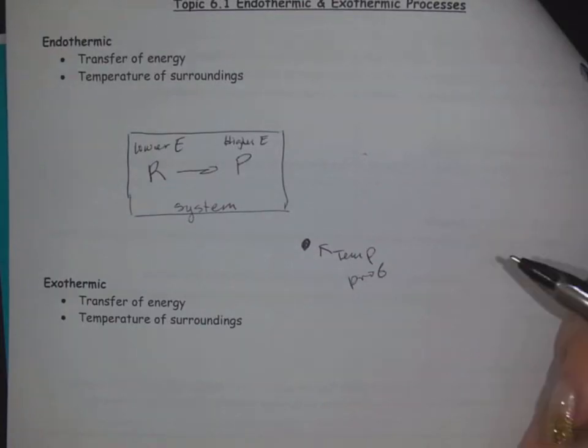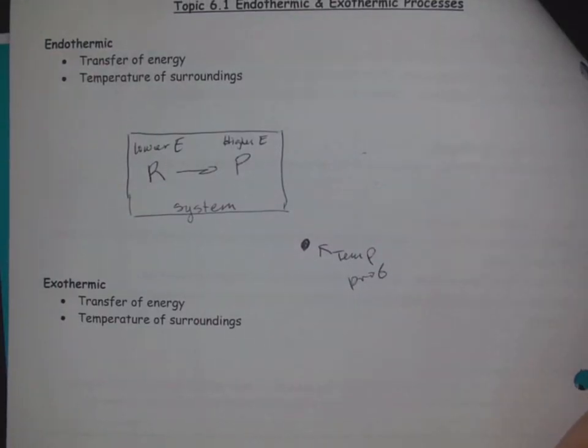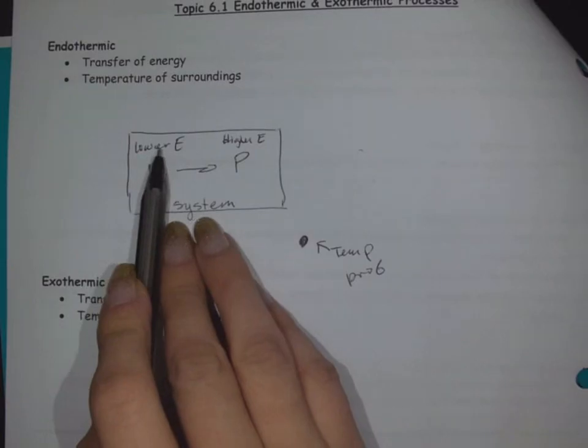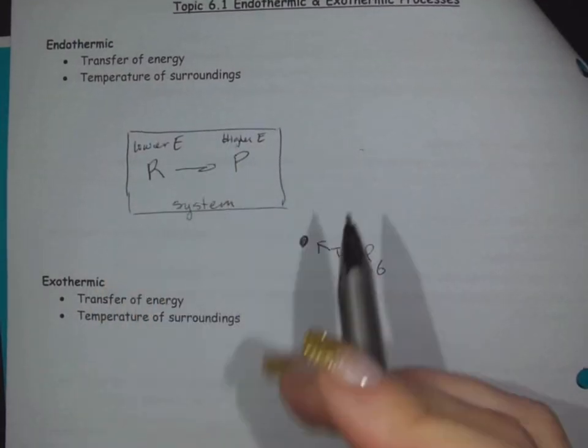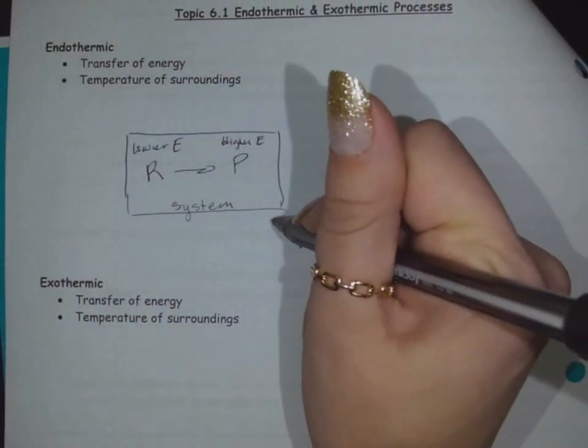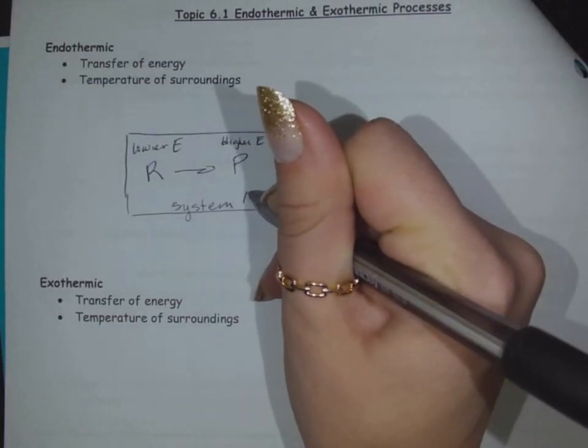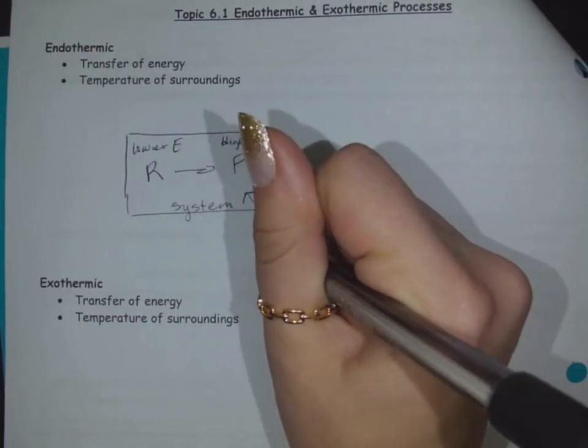And it's going to measure an increase or a decrease in temperature or energy. And just a reminder, the faster the atoms and the molecules are moving, the higher the temperature, and the slower, the lower the temperature. So we are going from lower energy to higher energy, and so energy is going to be leaving the surroundings and going to be entering the system.